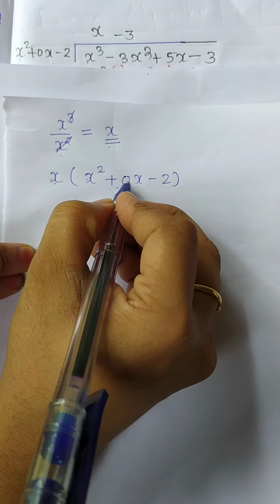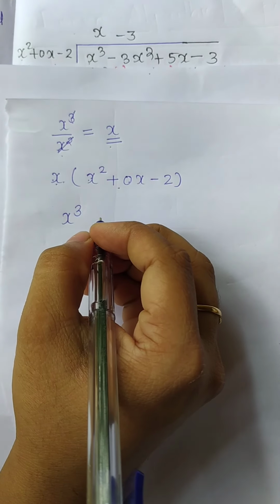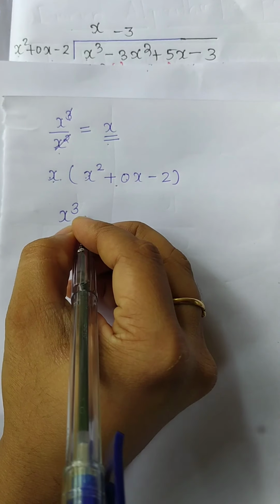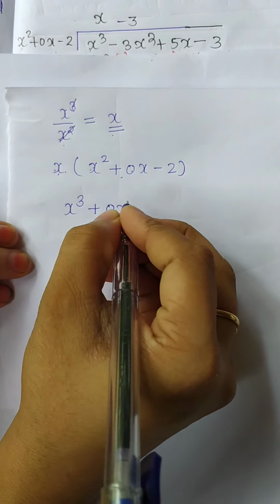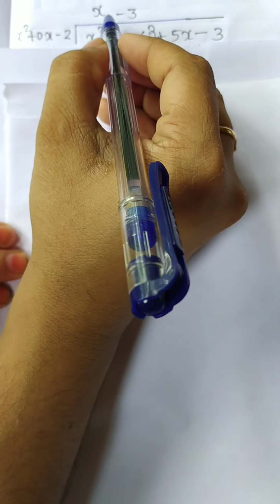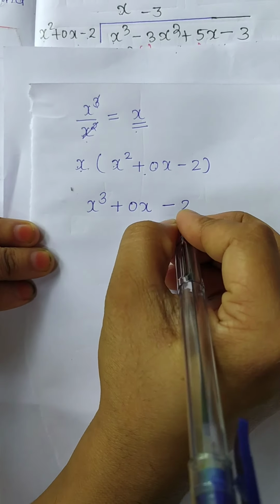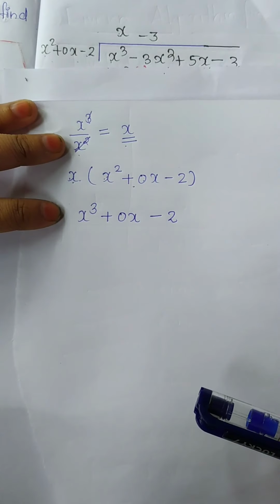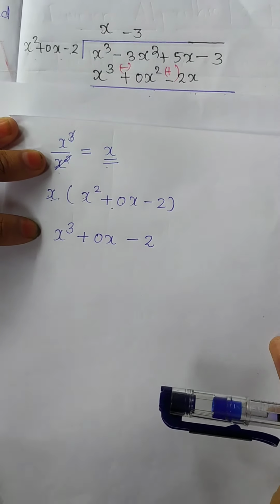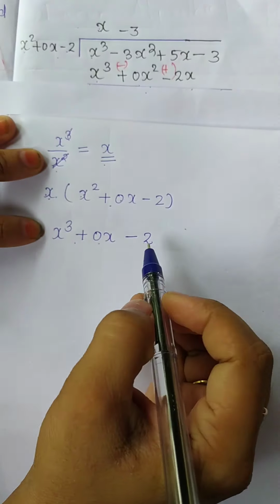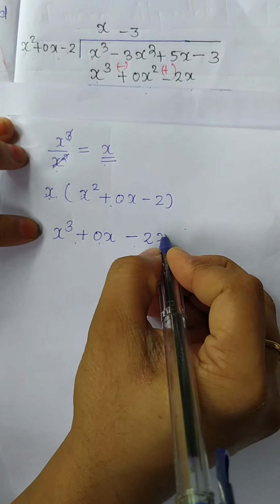Then x into 0x, whenever we multiply any variable by 0, we get 0. So 0x. Then what is remaining here? x into minus 2 is minus 2x. So we get this expression: x cube plus 0x minus 2x.